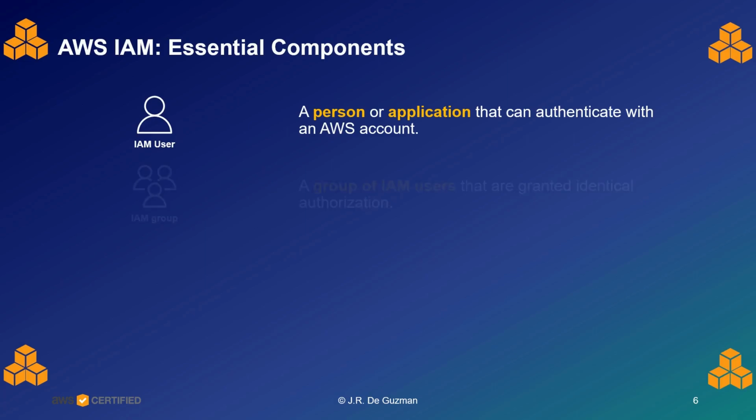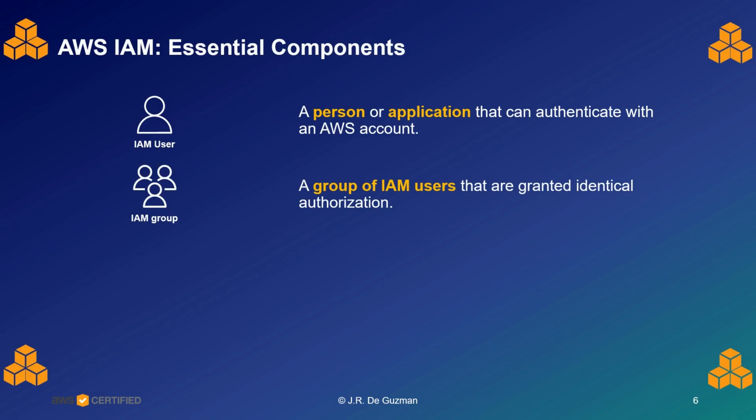The next component is an IAM group. A group is a collection of IAM users. You can use IAM groups to simplify specifying and managing permissions for multiple users. You can't sign in as a group.